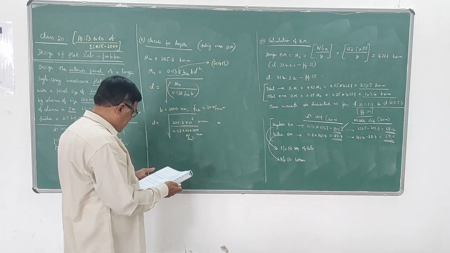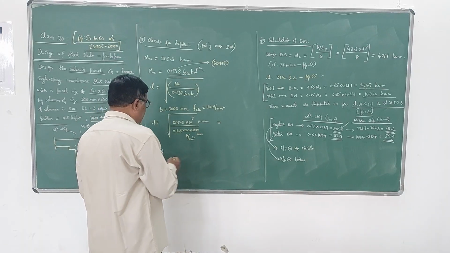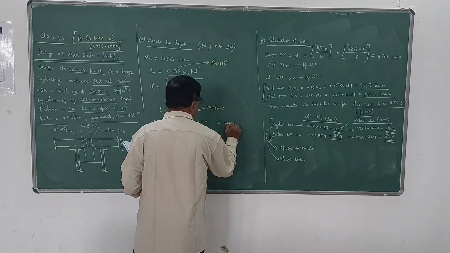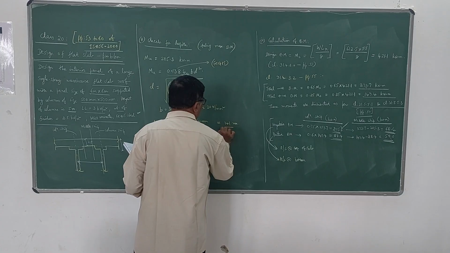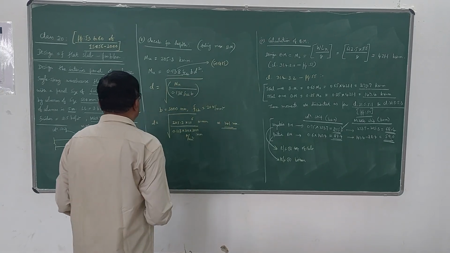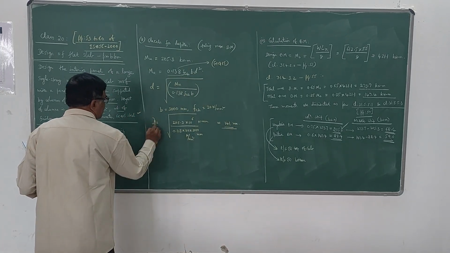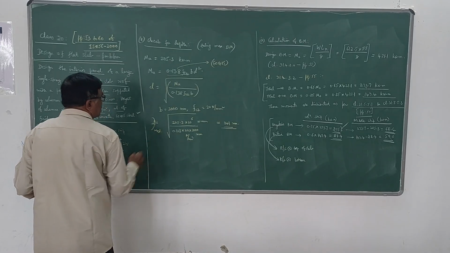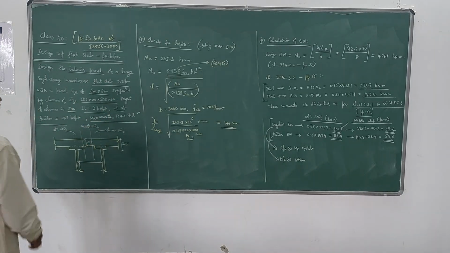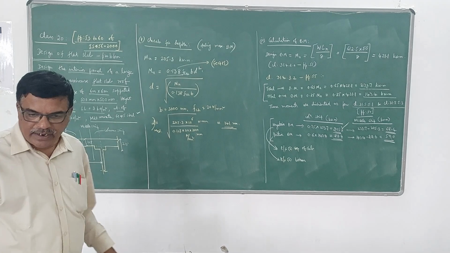If you simplify that, you will get about 141 mm. This is d required based on the bending moment criteria. But what is the d provided?